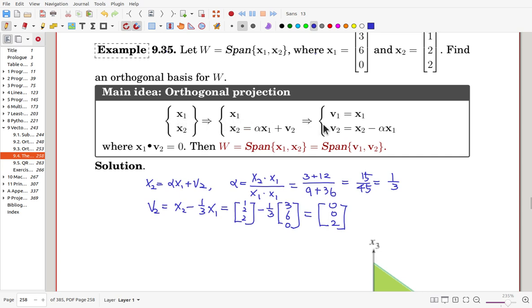Here v1 must be x1, so v1 is 3, 6, 0, and now we got v2 here, that is 0, 0, 2. These two vectors will form a new basis for W, but now these are orthogonal. So these two will make an orthogonal basis.